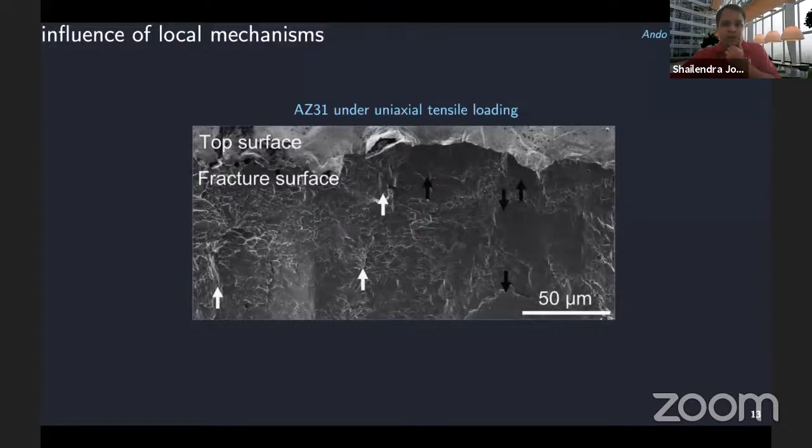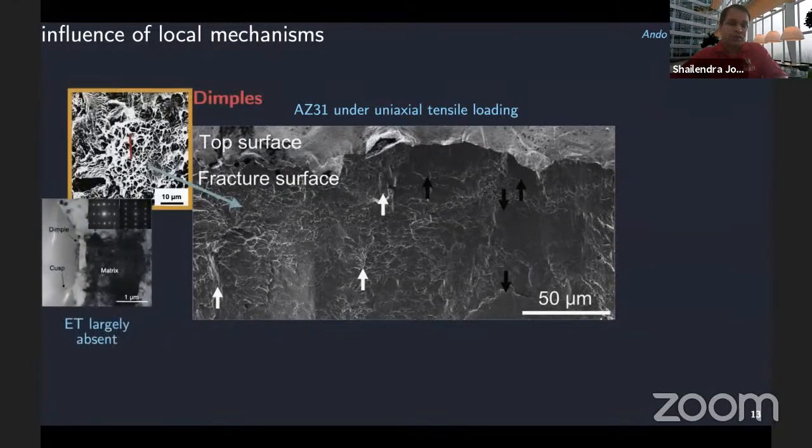What does it do? Well, if you look at some of the early experiments that were done on certain types of magnesium alloys, here we are talking about a particular type of magnesium alloy, AZ31, under uniaxial loading. What this particular experiment suggested was that there were different regimes on the fracture surface, and at the smaller scale they could potentially be related to the mechanisms that were activated in those regions.